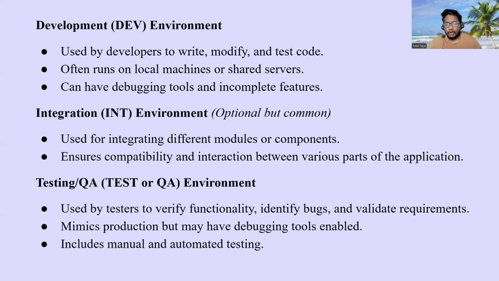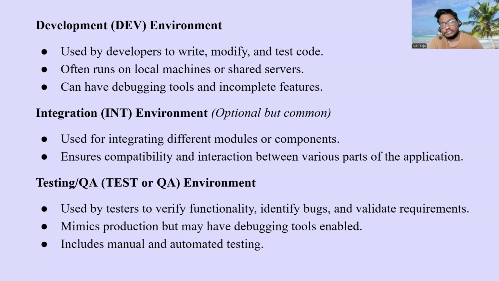So we will be integrating all these components in the integration phase. It is optional but common. It ensures compatibility and interaction between various parts of the application, so that we can know how our application is working.